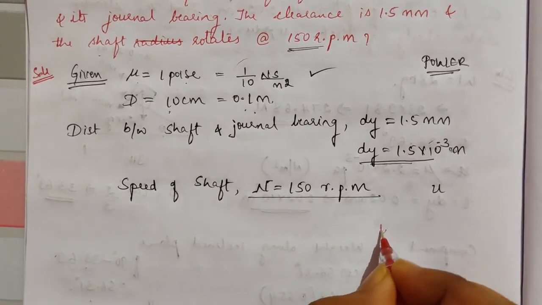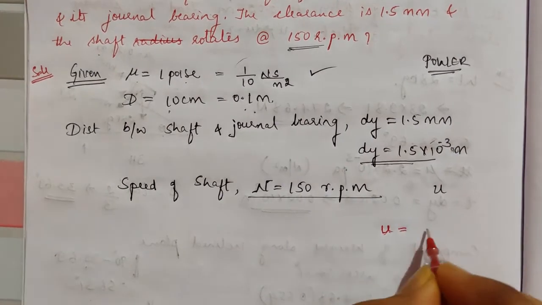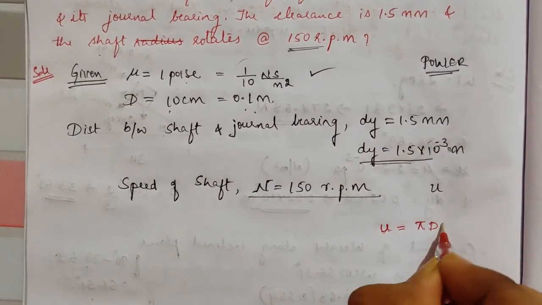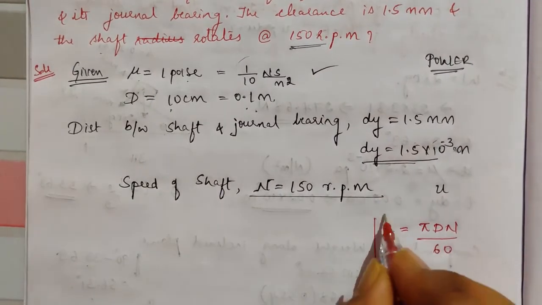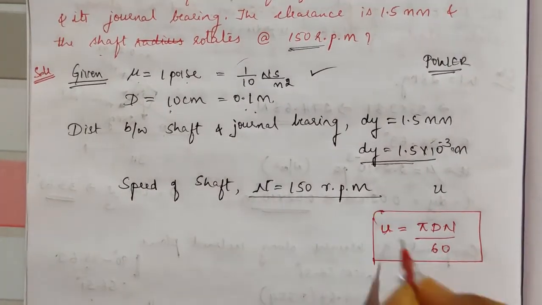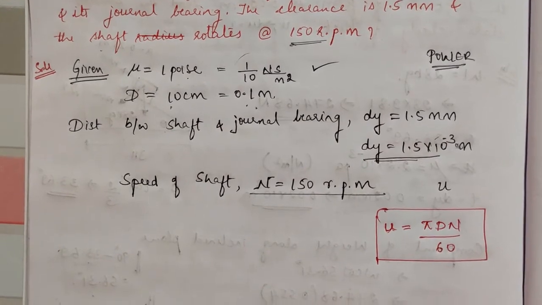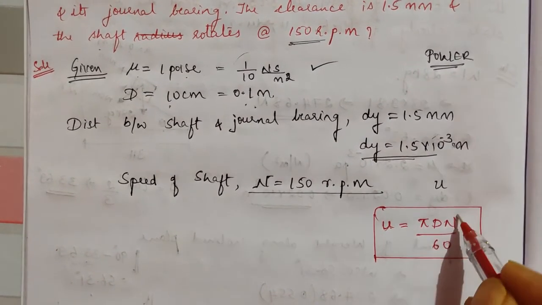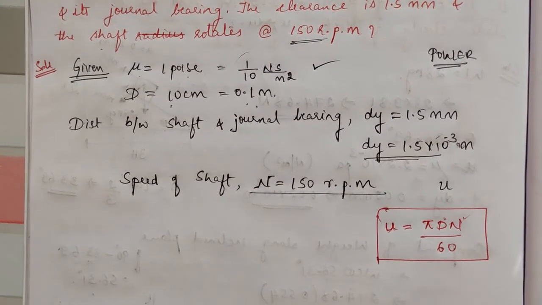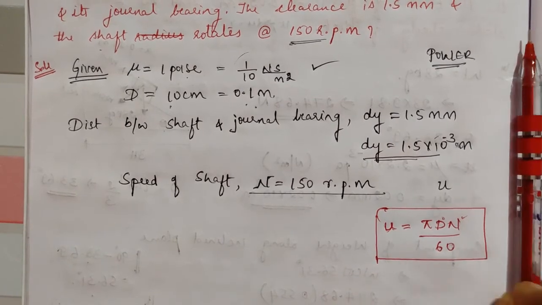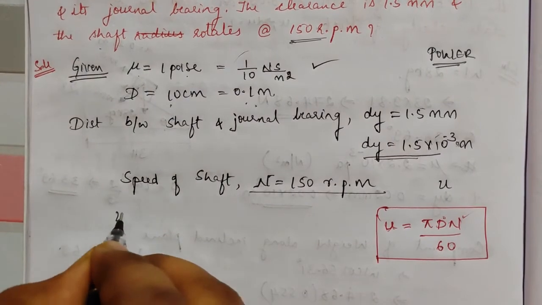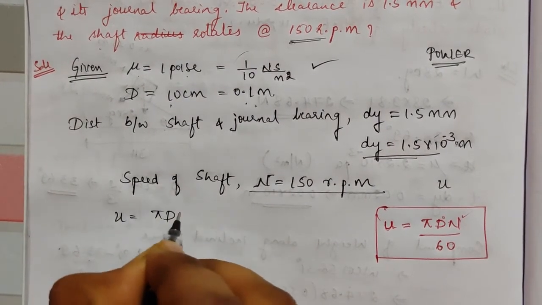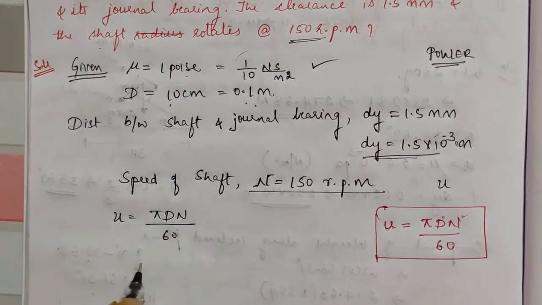The formula is u is equal to pi dn divided by 60. Whenever the speed of shaft, or rotations per minute n, is given with diameter, the speed can be calculated by u is equal to pi dn by 60. So I'll use that formula.